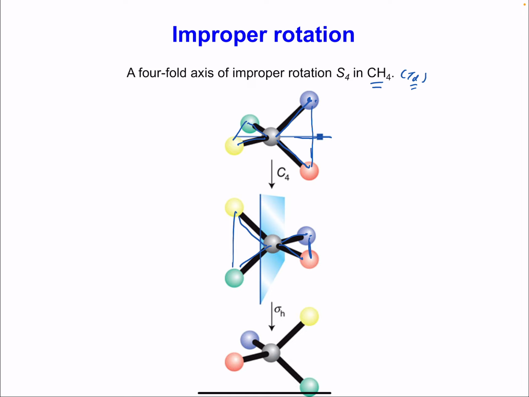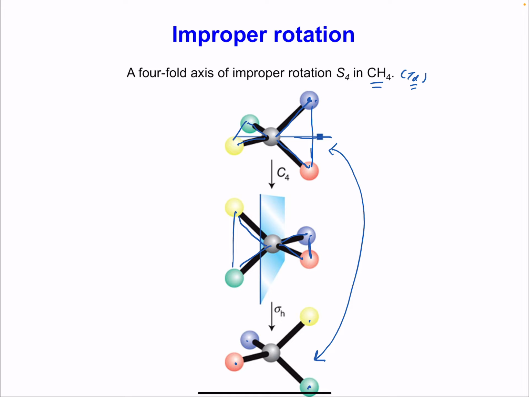However, if you apply a reflection plane as shown here, reflection operation, what happens is you move the blue atom to here, the orange atom to here, after reflection, orange to that, and green to this side.